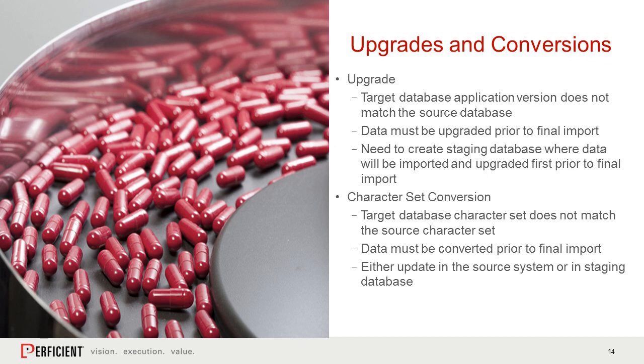So say your source application is on version 1.0, just to make up a number, and your target is on 2.0, you're going to need to create a staging database at that 1.0 version number, and then apply the standard vendor-provided upgrade scripts to bring it from 1.0 to 2.0.